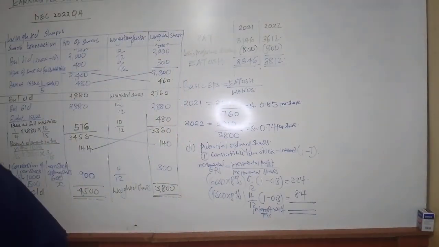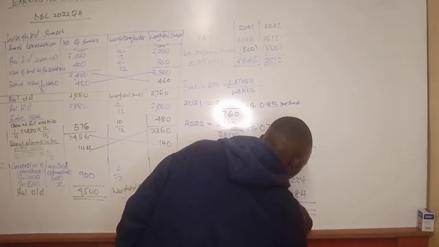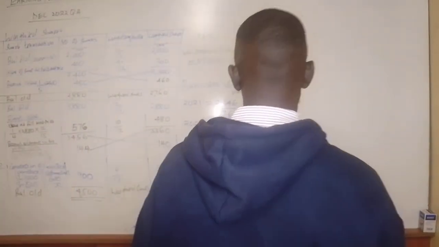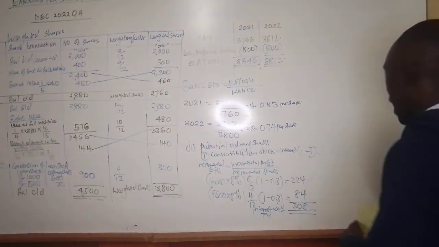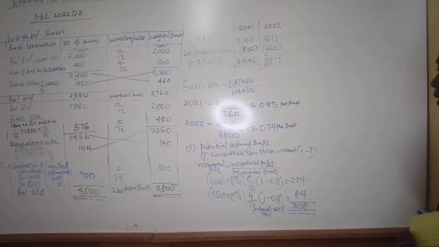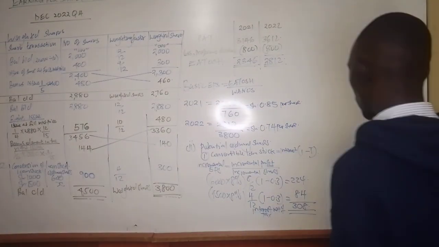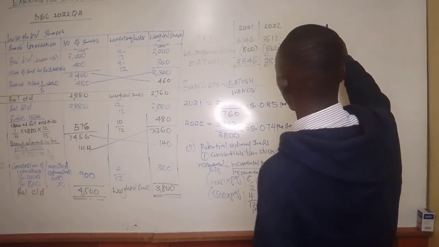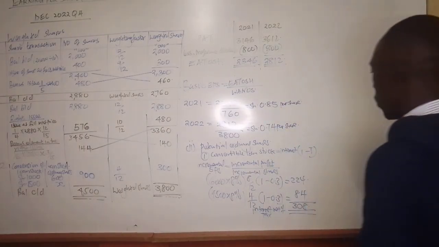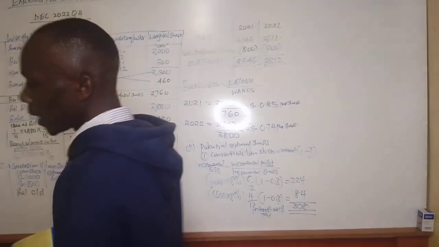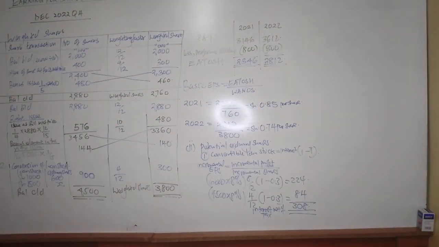So we get 308. Now, once we have that, let us compute what? The next one for us to compute now is incremental shares. Remember what we have computed is incremental profit.